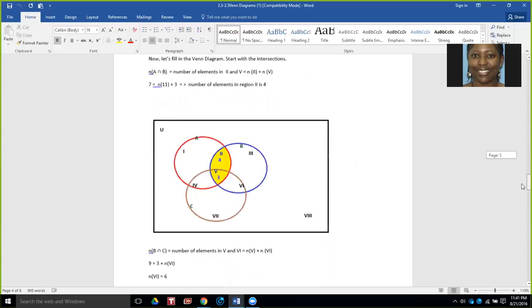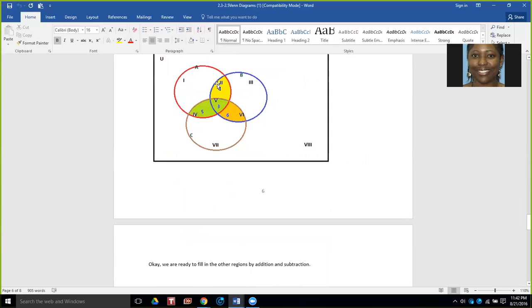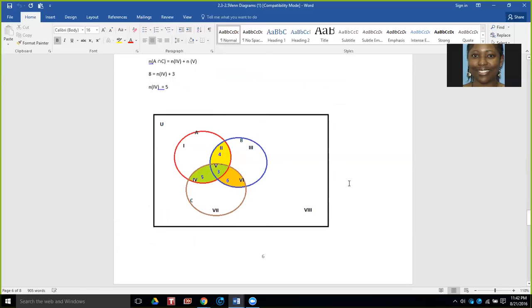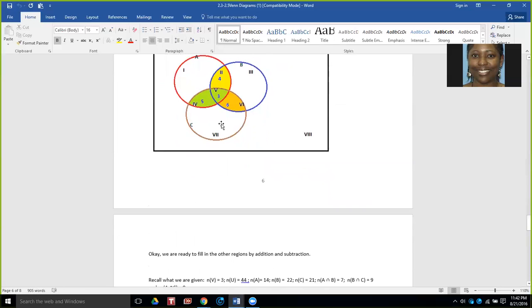So that means that you have to include 4, 3, and 5. So right now we have 12. And so that means that the missing element is 2, because the total is 14. You see, it's a matter of doing mathematics to add and subtract. That's it. So hopefully, and then you go and find out this missing region, this missing region.